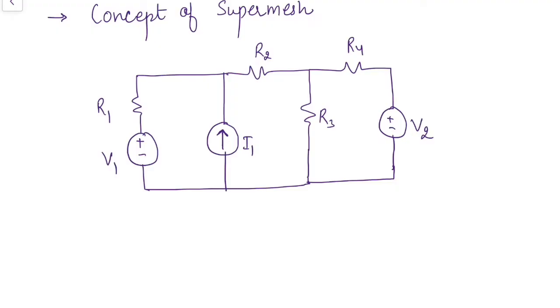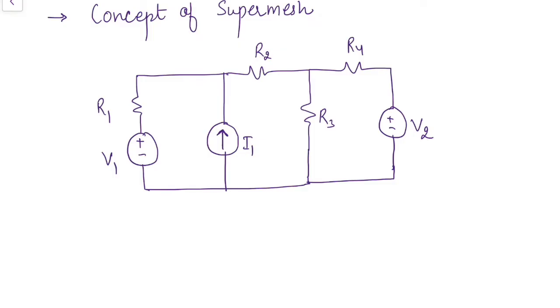So the first step over here is the same as mesh analysis, that we need to identify how many meshes are there. First, second, third. So we have three meshes. The next step is we need to assign a mesh current to each mesh.